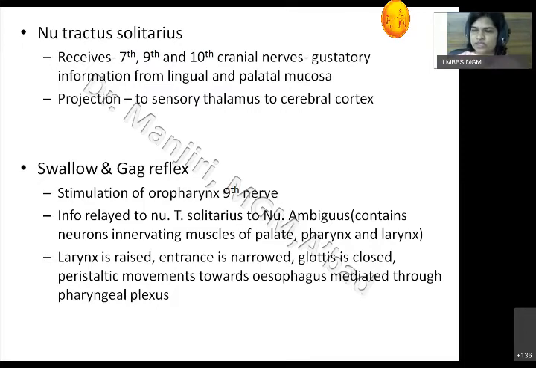Even if there is a foreign body or any large bolus of food present, it will not stimulate the gag reflex and it will try to move on its own toward the lower part. So it might go into the larynx, it might injure the esophagus without the peristaltic movement. So this gag reflex is actually a protective mechanism, so it should be present. Okay, I hope you understood. We'll revise again after the lecture.